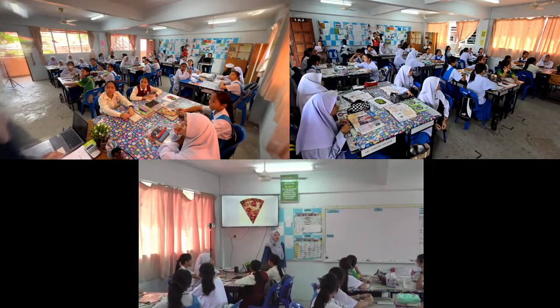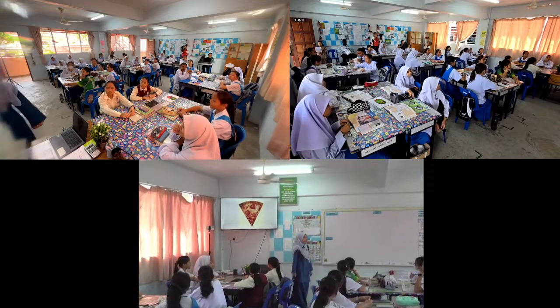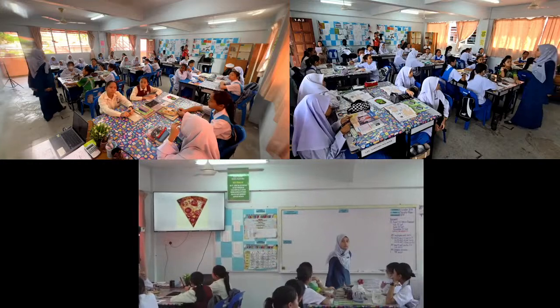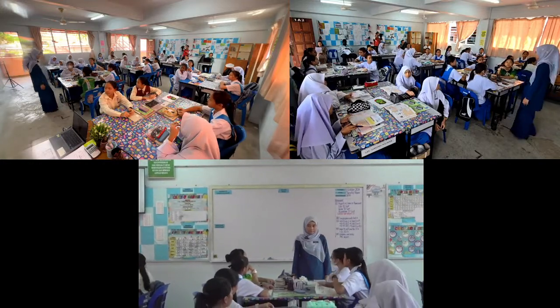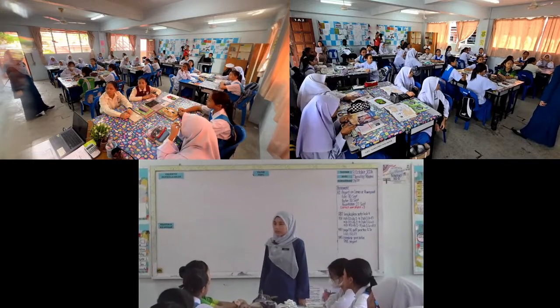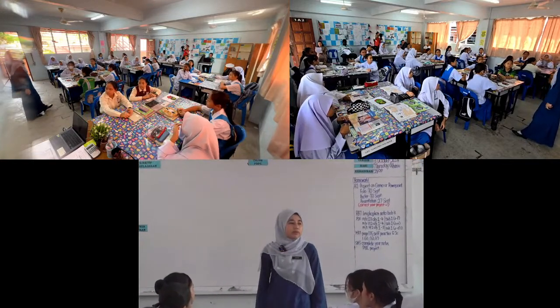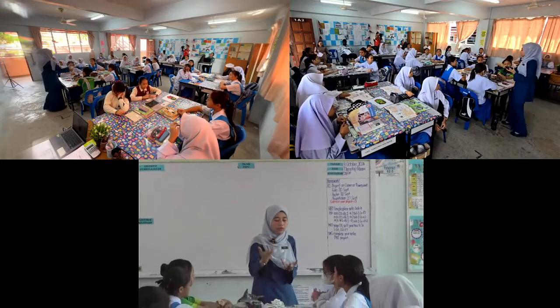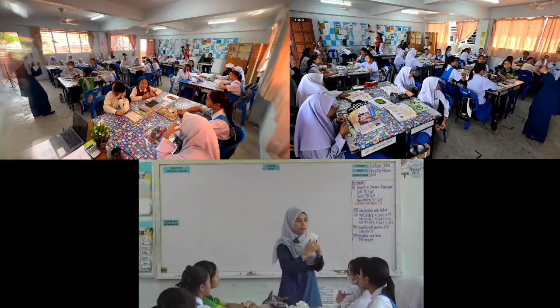So, the shapes that you see, what topic are we going to learn today? Polygon. Why did you say polygon? Because the shape has, when you touch the shape, can you feel anything at the back of the shape?